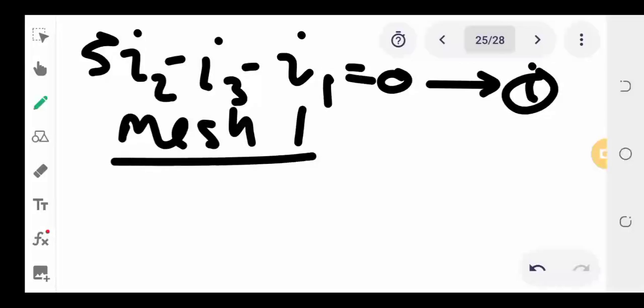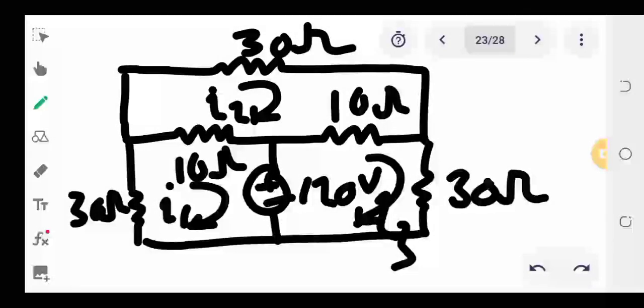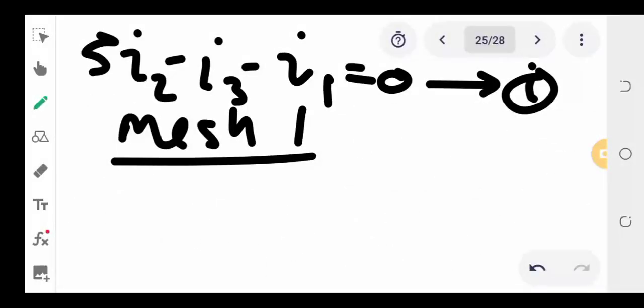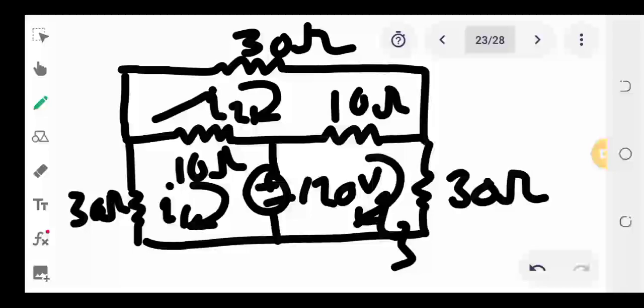Which one is our mesh 1? Here is our mesh 1. From mesh 1, we do have the 10 ohm resistor here.